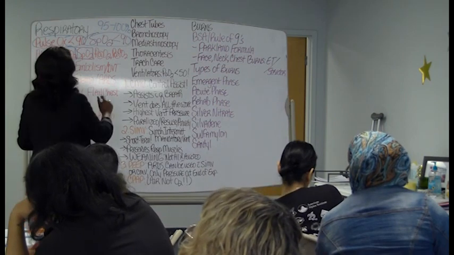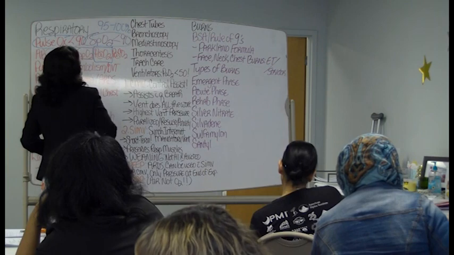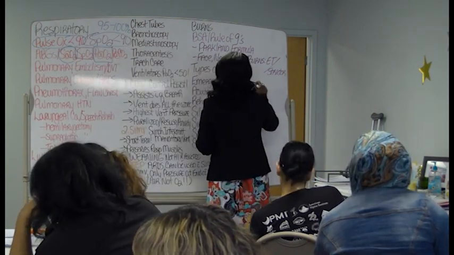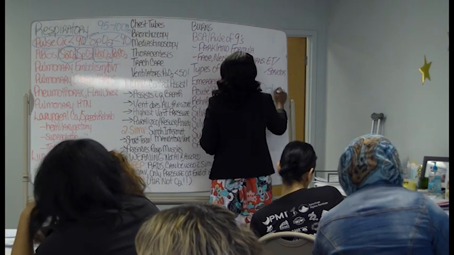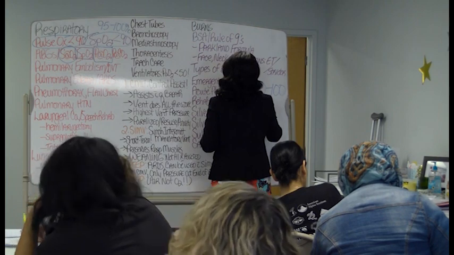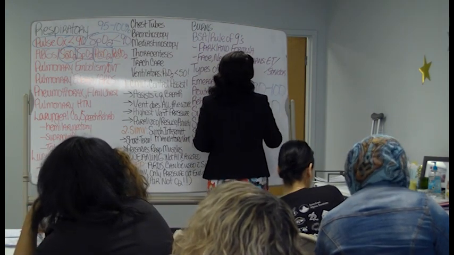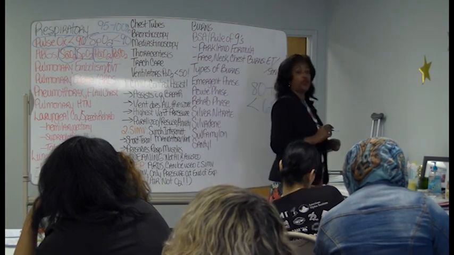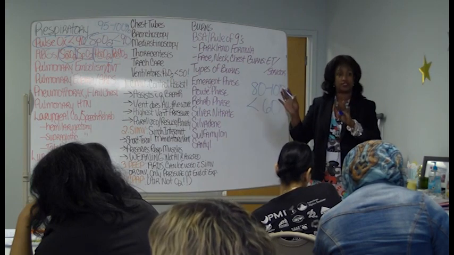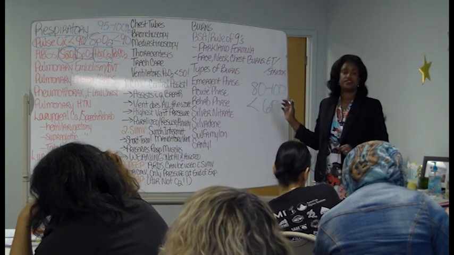Okay, now normal, this is one of the most important labs on the board, normal PaO2 is 80 to 100, and when you ignore a pulse ox less than 90, you drop this down below 60. So your medical emergencies are pulse ox less than 90, PaO2 less than 60.